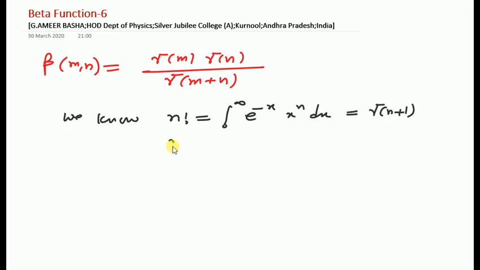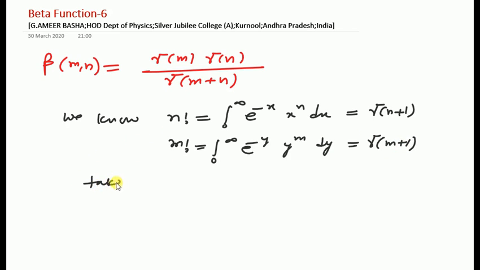Also m factorial is equal to integral 0 to infinity e power minus y y power m dy. This will be gamma (m plus 1). Now what I will do, take the product of these two.